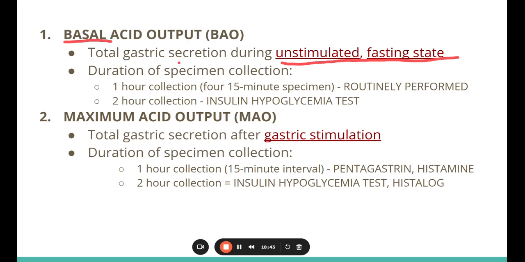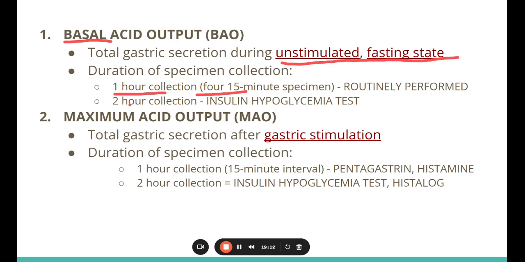Okay? So how long is the collection in BAW? The routine is 1 hour, but this 1 hour is divided into four intervals. So that is collection or aspiration every 15 minutes. For example, first 15 minutes you aspirate and then you stop. Then you wait for another 15 minutes, you aspirate and then you stop until you have completed four aspirations.